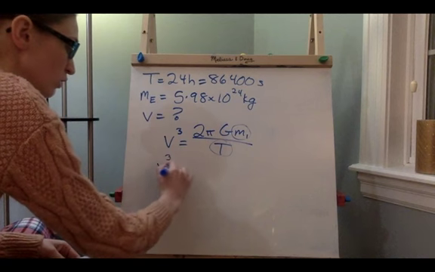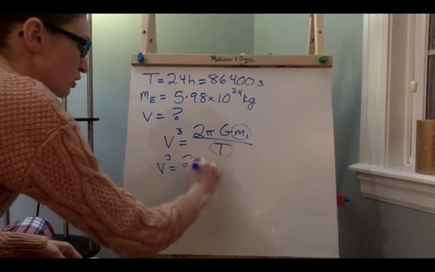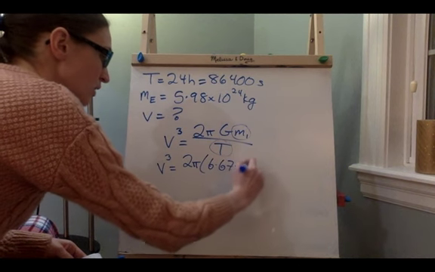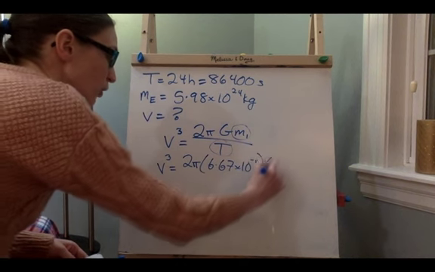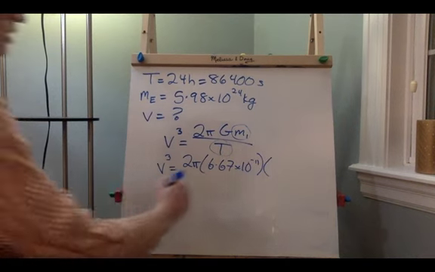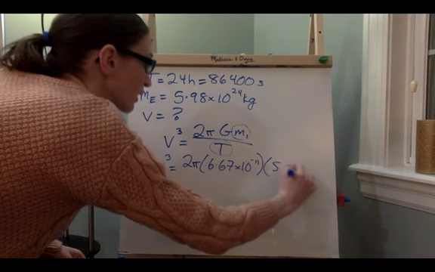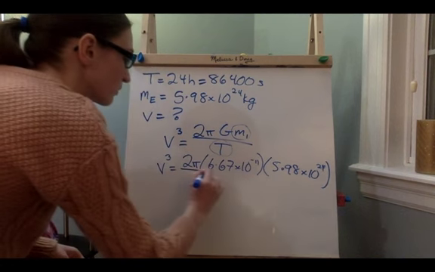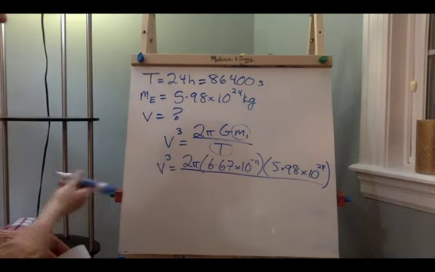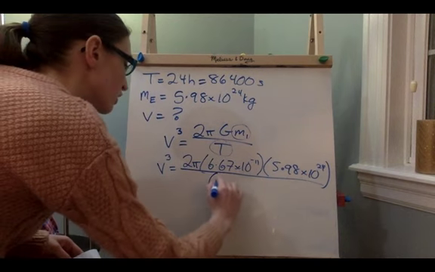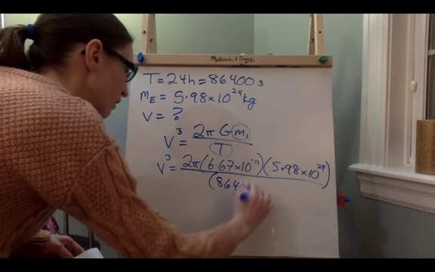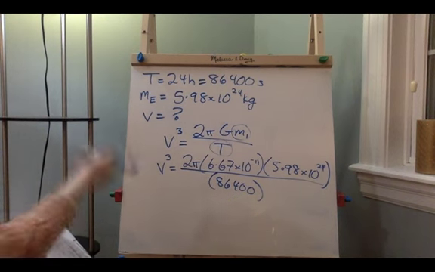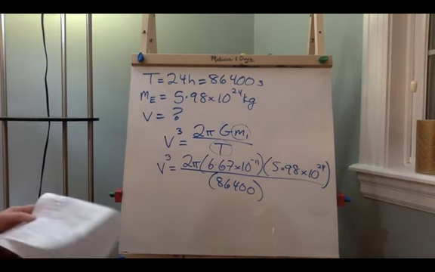So we get v cubed is equal to 2 pi, our gravitational constant of 6.67 times 10 to the minus 11, multiplied by our mass of the Earth, which is 5.98 times 10 to the 24 kilograms, divided by our time, 86,400. Okay, so plug all of this very, very carefully into your calculator.